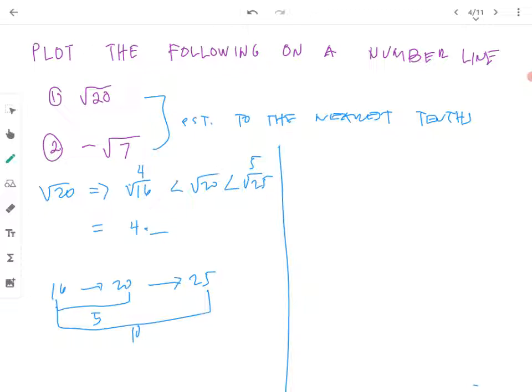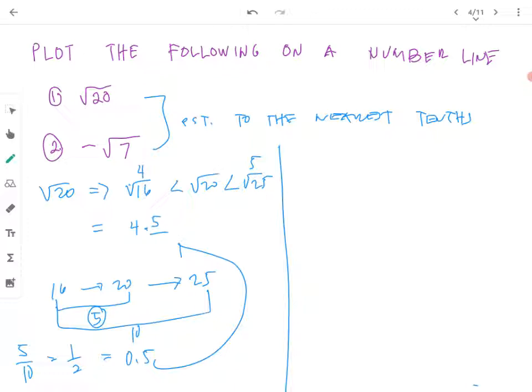So meaning the fraction, let's express 5 as a fraction of 10, that is 5/10, and that is 1/2. We know that 1/2 is 0.5. Okay? So that gives us 4.5.